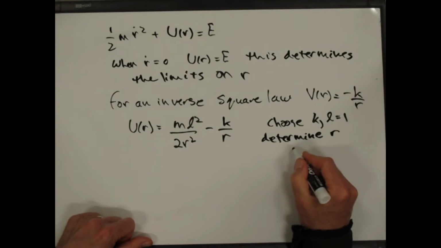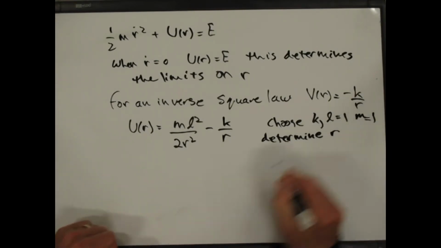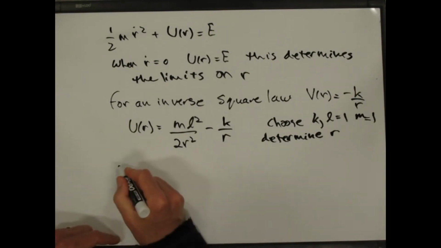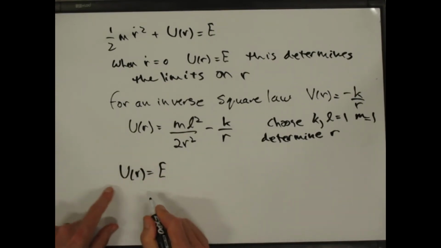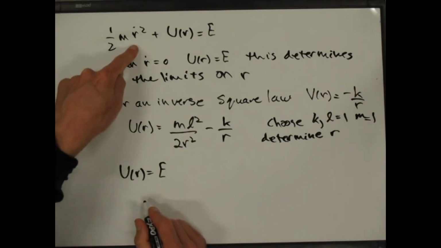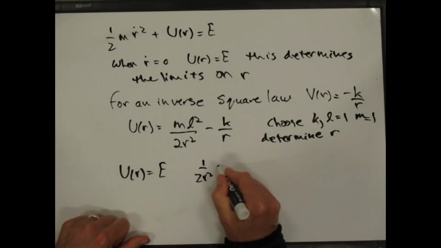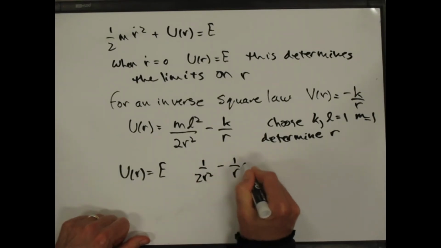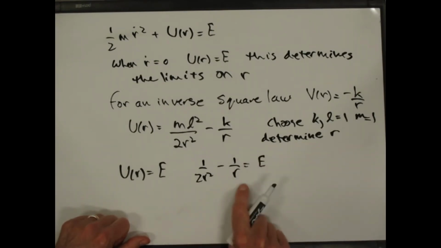Maybe we'll also pick m equal to 1. And so this says, at the top we have U of r is equal to E, because we're at perigee or apogee, and so r dot is 0. And this means that 1 over 2r squared minus 1 over r is equal to E, right? And so we can solve this equation for r.